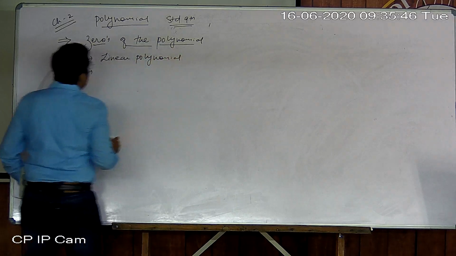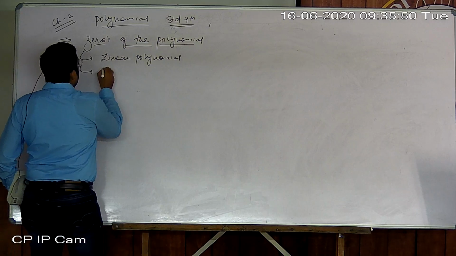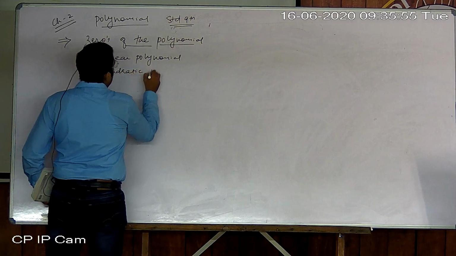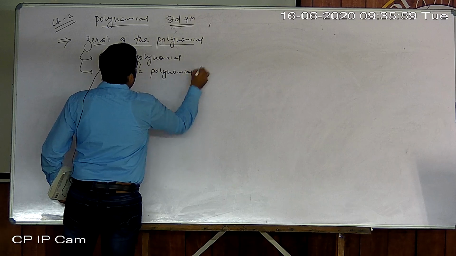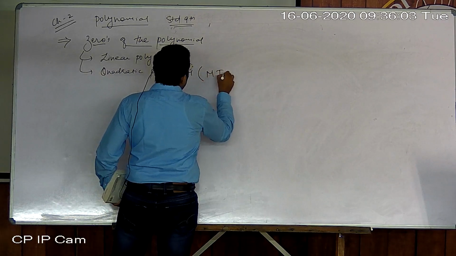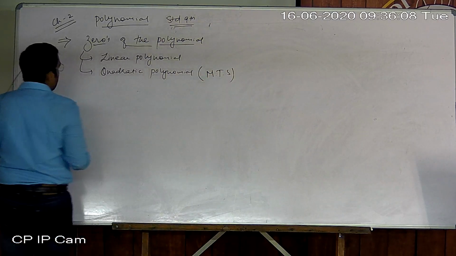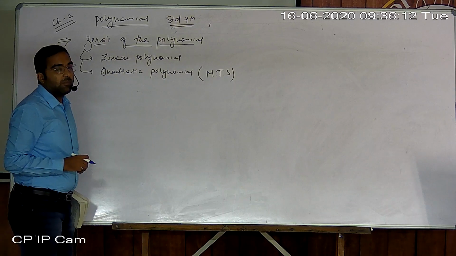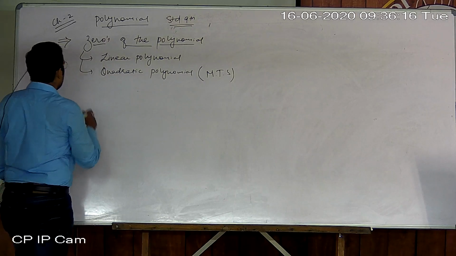Okay, find the zeros of the linear polynomial, and for the quadratic polynomial, we saw the middle term splitting method in the previous lectures.